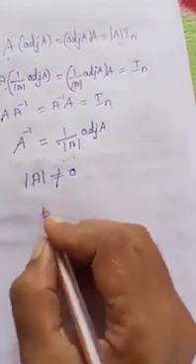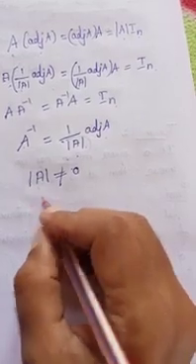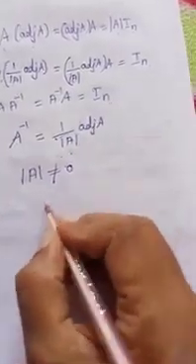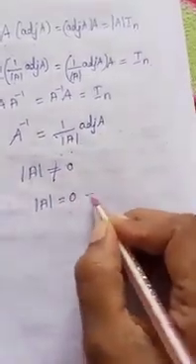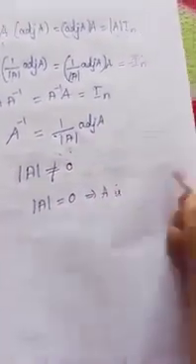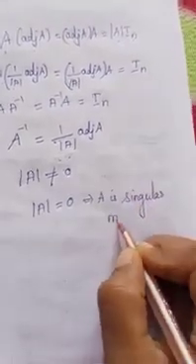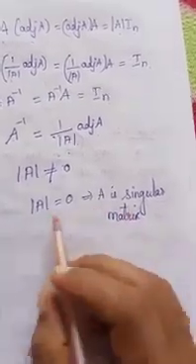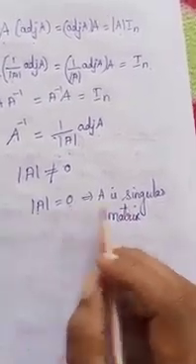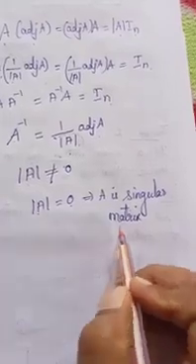This we have learned, but if you are not remembering, let me remind you that determinant A equal to 0 implies A is a singular matrix. Last year you might have learned this. If determinant A equals 0, it is understood that A is a singular matrix.